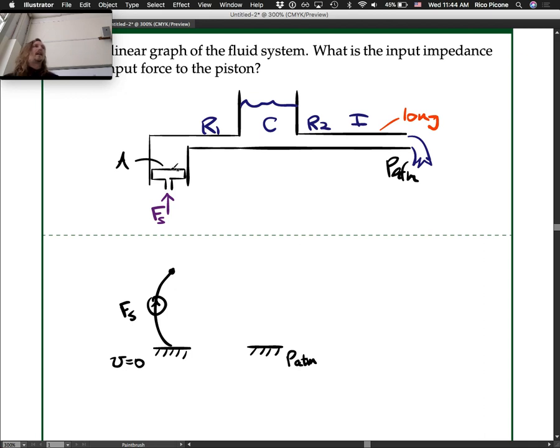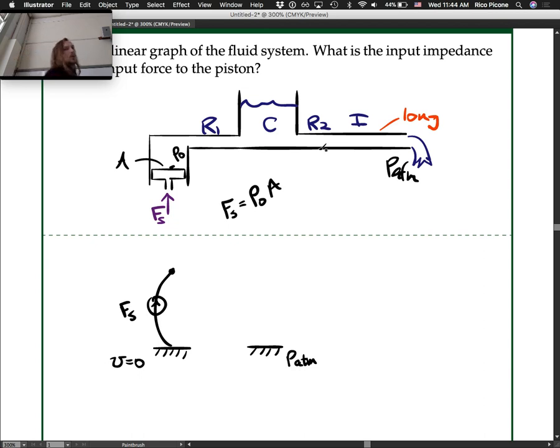What's on the other side of this? Pressure. We would say that, for instance, Fs is going to equal some pressure, we could just call this P naught or something like that, times the area. That would be the relationship there.